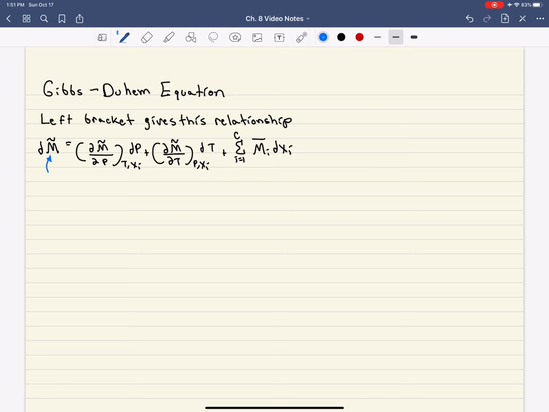And so this derivative is actually just the derivative of x_i M_i bar. So what we could do is apply the product rule to expand out that derivative. And so I'll pull the summation out front, but what we get is this.